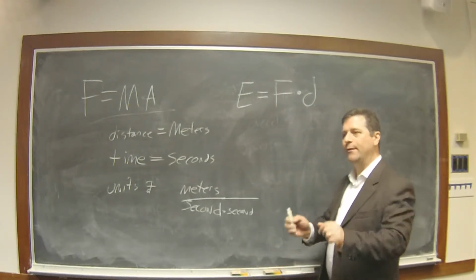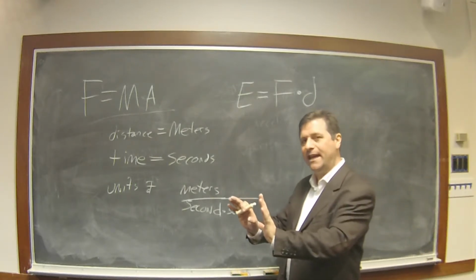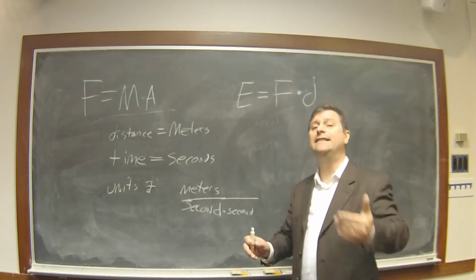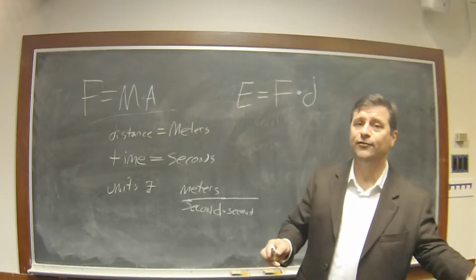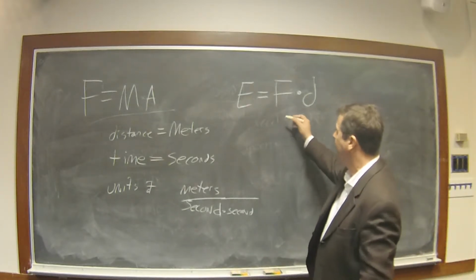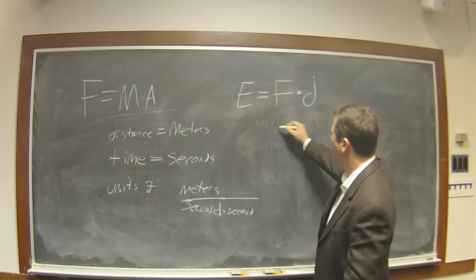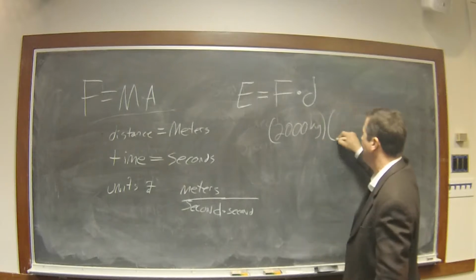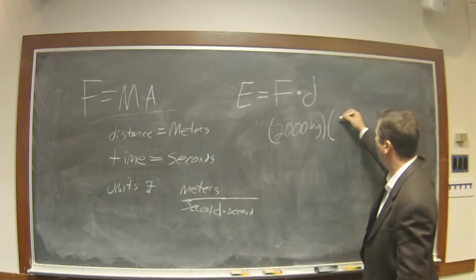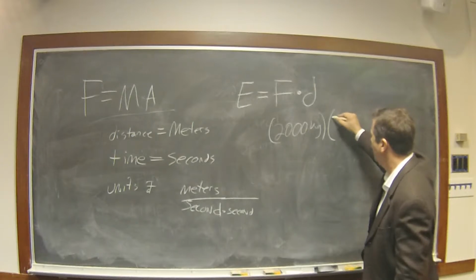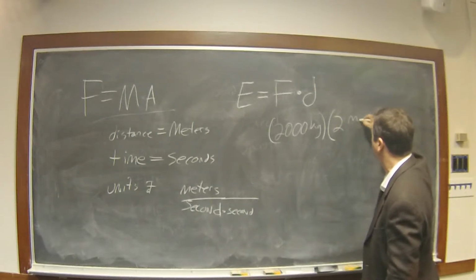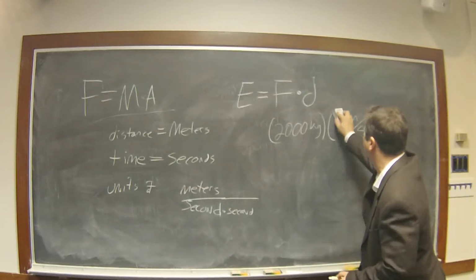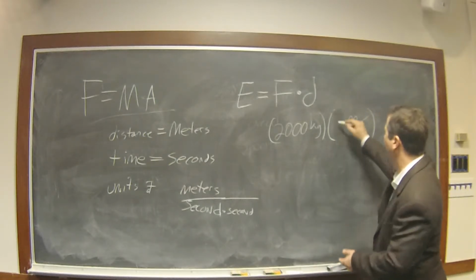So you could say, I'm pushing on the truck and I have to keep my hands in contact with the truck. How far did I go while I did that? And that was 2 meters. So the force that I exerted on the truck was 2,000 kilograms that I accelerated at 1 meter per second squared.